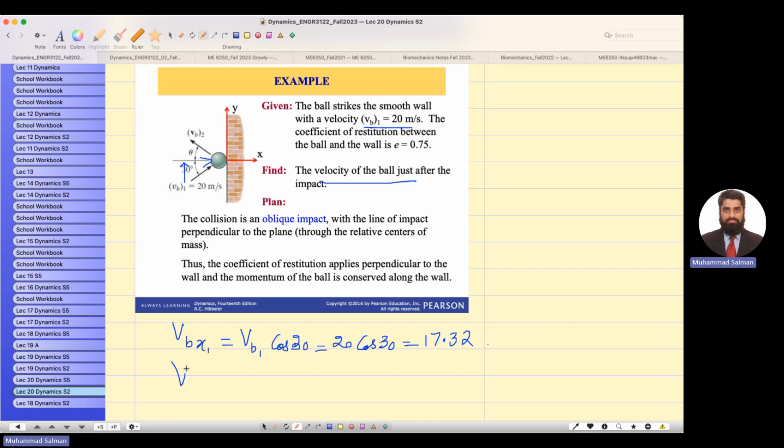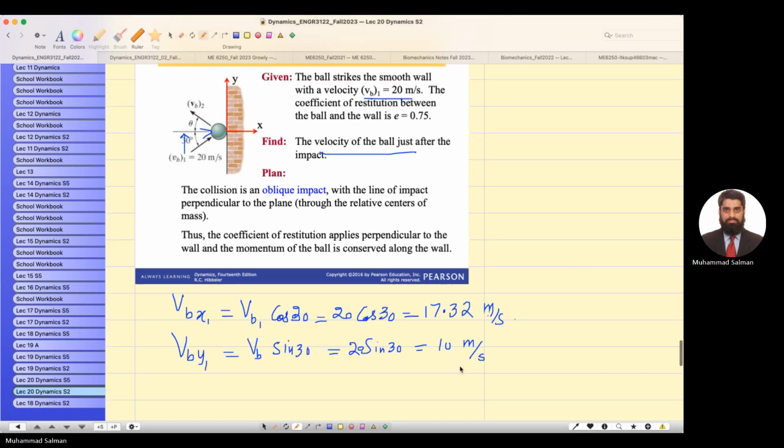Can you tell me what is VBy1? I think it is 10, because I know sine 30 is 0.5. Agreed?